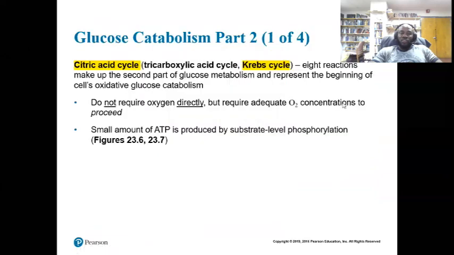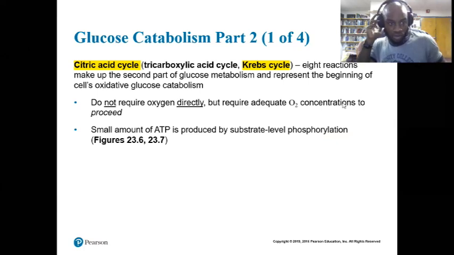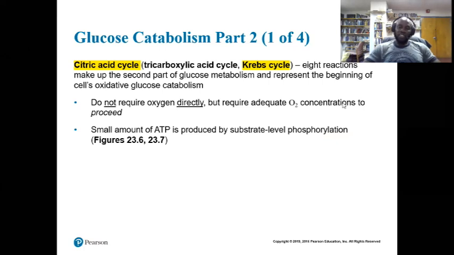Now what happens in part two? So from glycolysis, we're able to get 2 ATP, net 2 ATP. Now we go into the citric acid cycle. Here we have 8 reactions, and this takes place in the mitochondria.